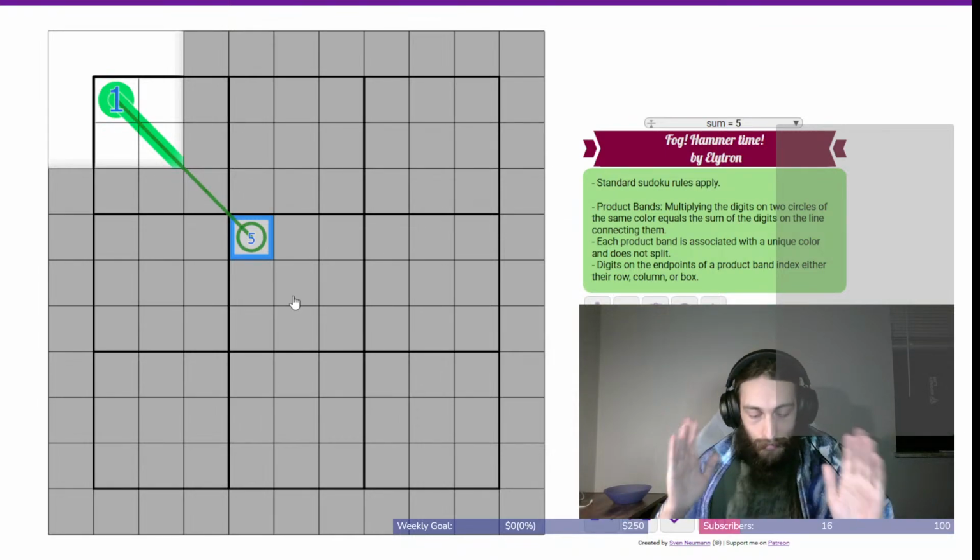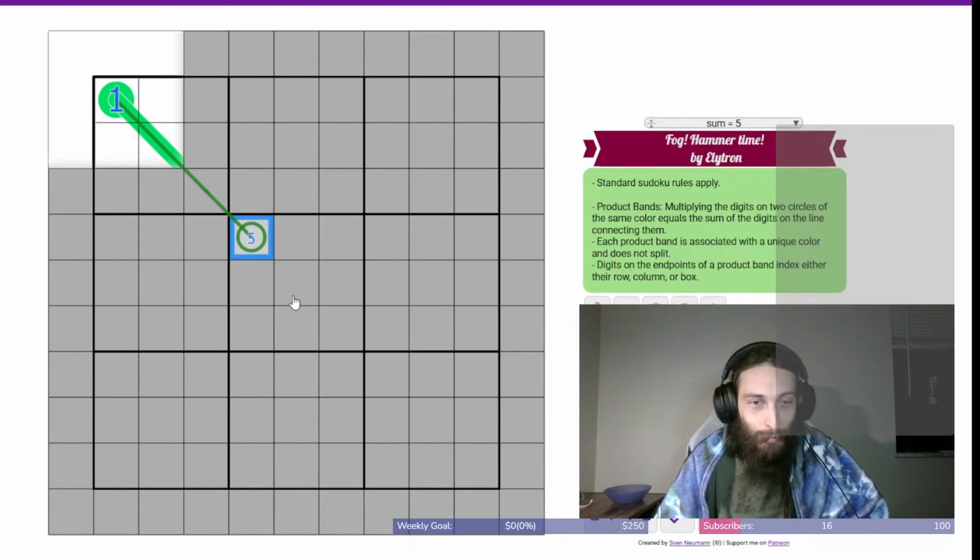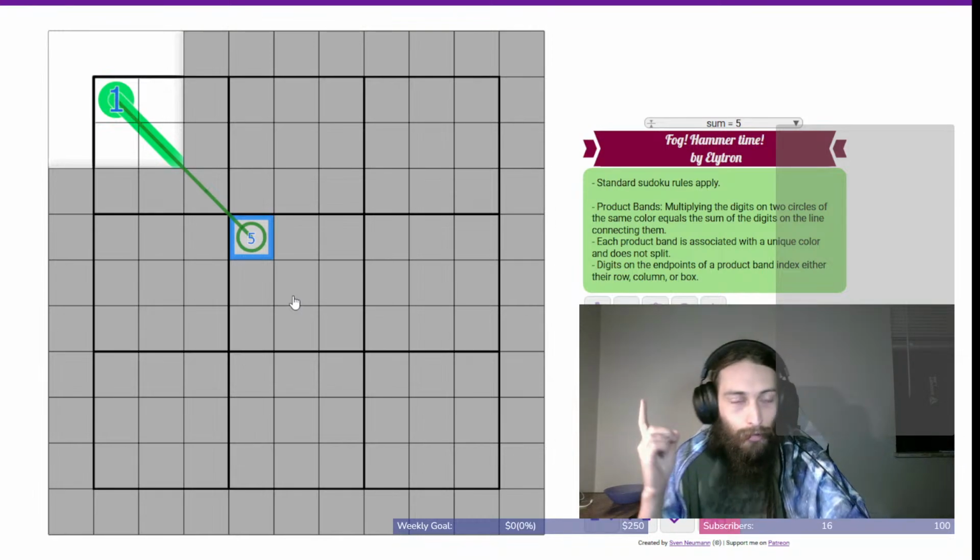All right. My confidence has gone from 95% to 96%. Is there anything that you can think of that this is not a 5?